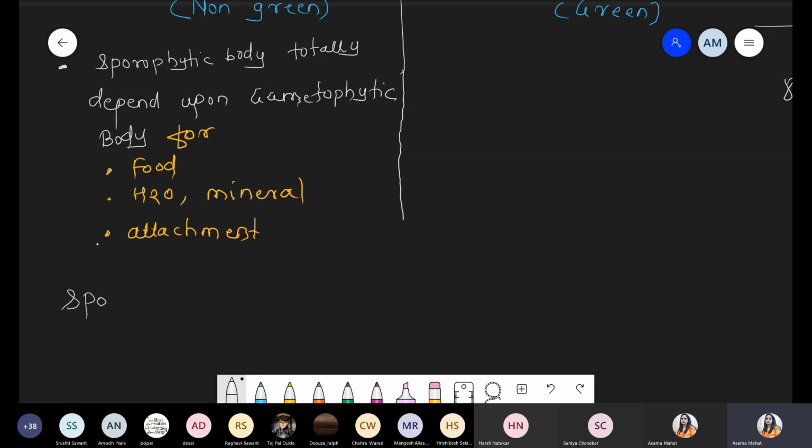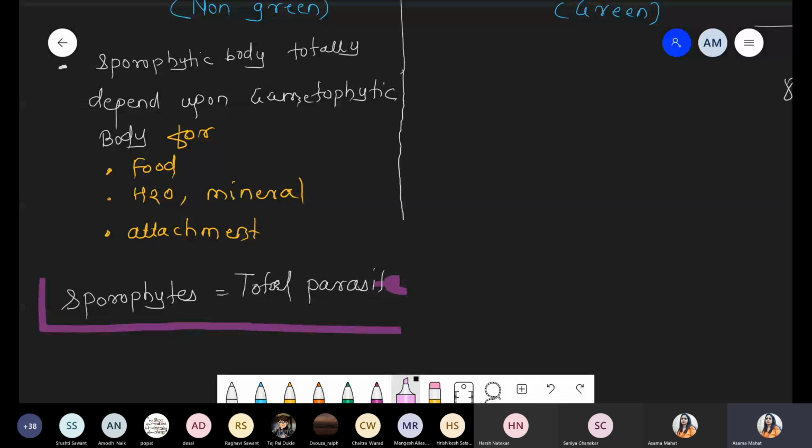So we write the point that sporophytes, the sporophytic body, are an example of total parasite.